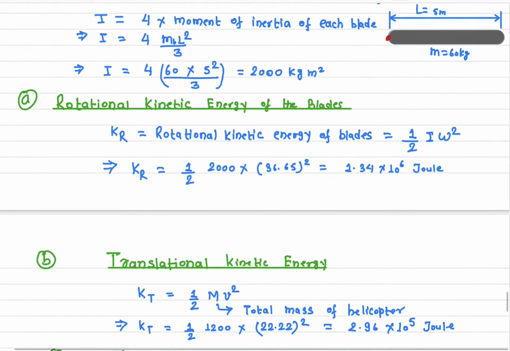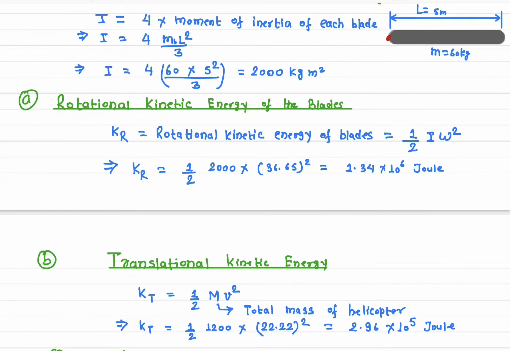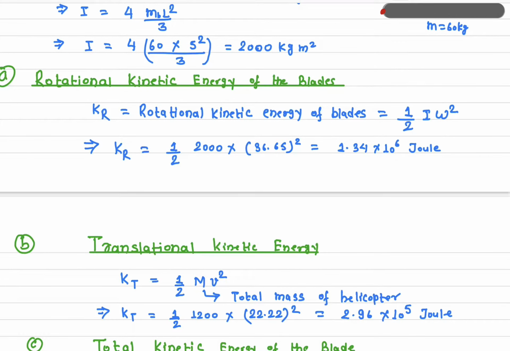So now let's calculate the rotational kinetic energy. The formula for calculating the kinetic energy in rotational dynamics is half I omega squared, where I is the moment of inertia and omega is the angular speed.